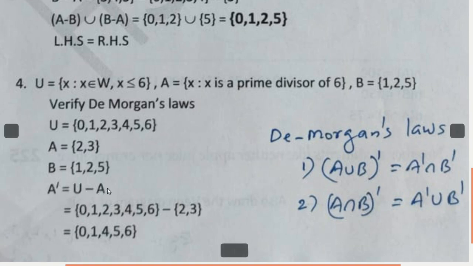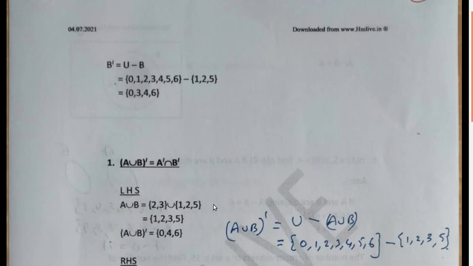U difference B. What is U? 0, 1, 2, 3, 4, 5, 6. And B is this one in the previous page. So eliminate 1, 2, 5 from there. Which are the remaining? 0, 3, 4 and 6. Hence we have got A complement and B complement.